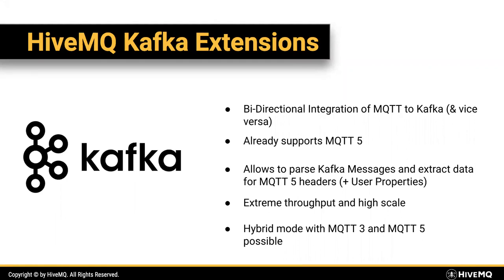And if you want to send out messages from Kafka to your IoT devices over MQTT with the Kafka extension used by our customers, you can extract data from the Kafka messages and then use, for instance, MQTT 5 headers, and you can send out everything. And this is really at extreme scale.